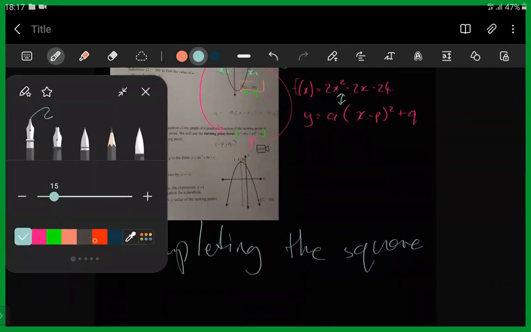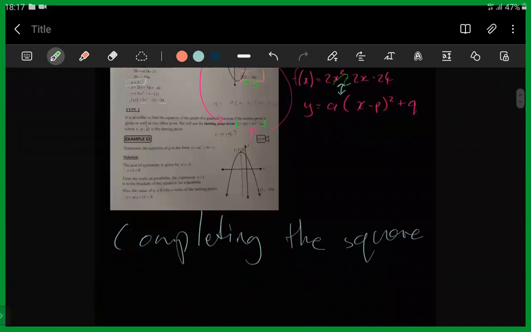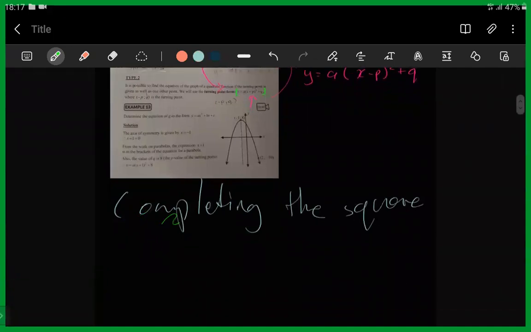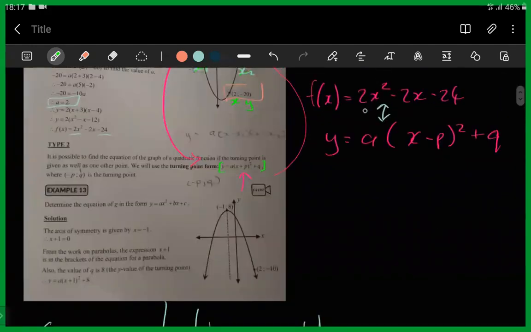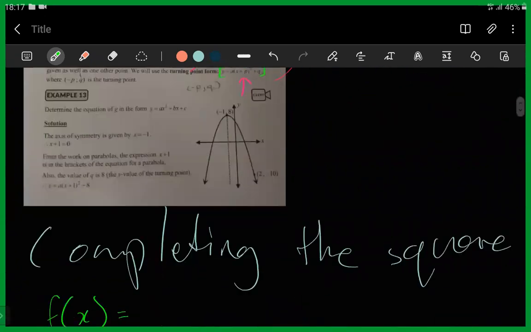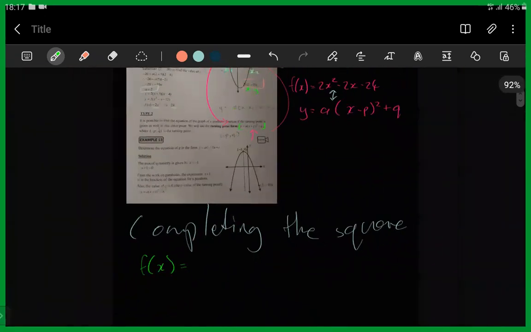You need to make sure that your coefficient of x squared is a 1. So here you're going to have f of x, right? Because there's a 2 here, what you need to do is take out the 2. That's the first thing you do. You take out the 2, and then everything that remains, you need to put it over 2.